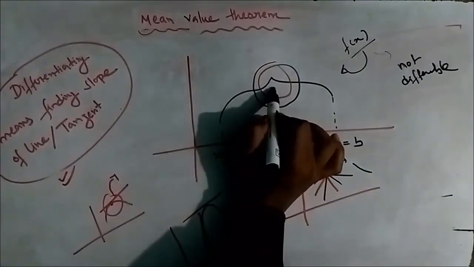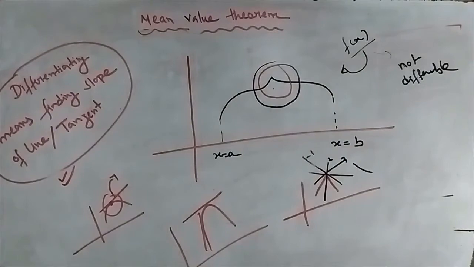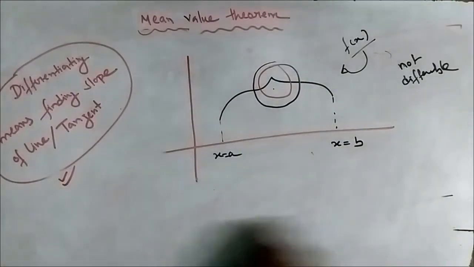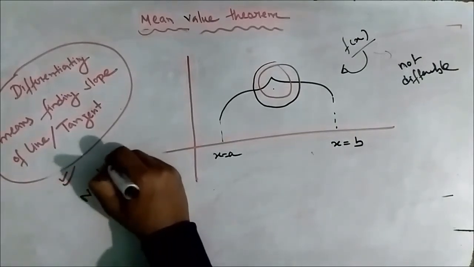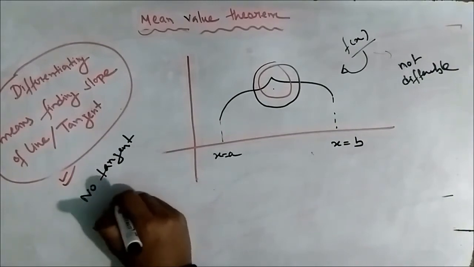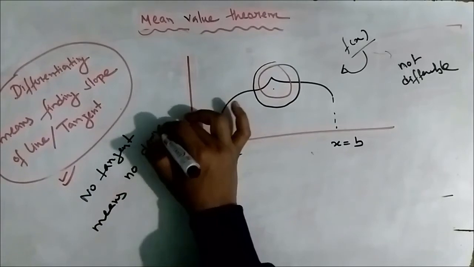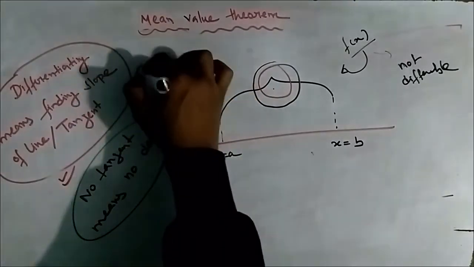So no tangent means no slope, which means not differentiable. You may remember this as: no tangent means no derivative.